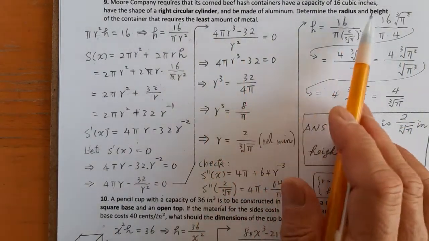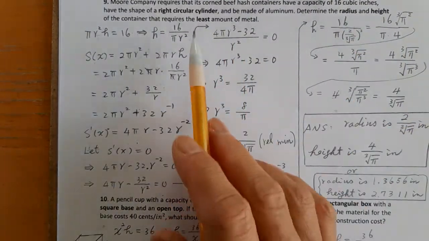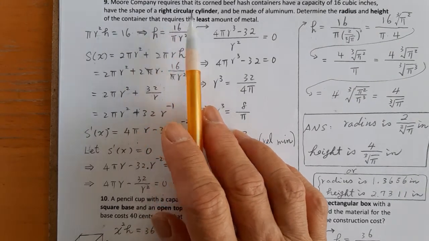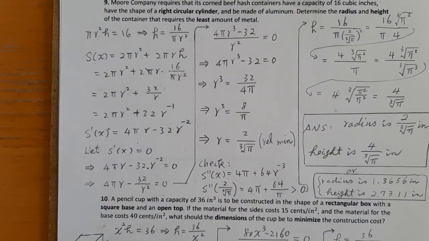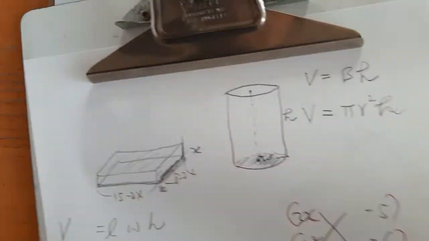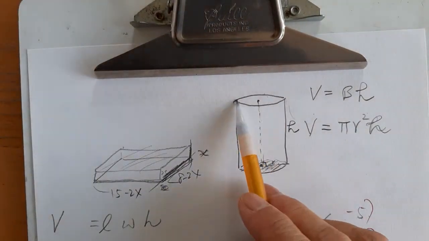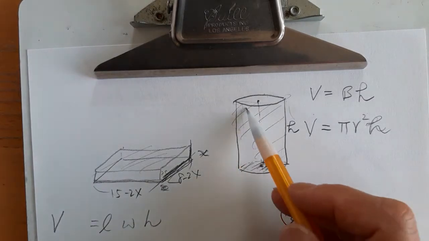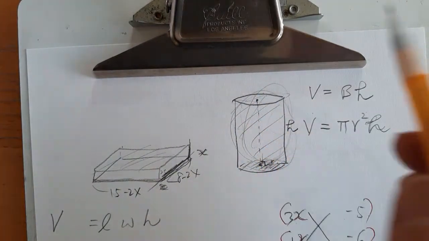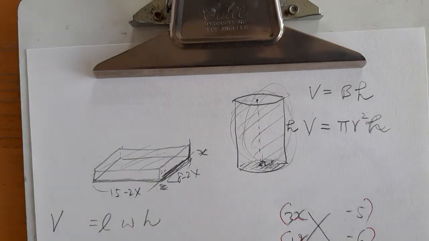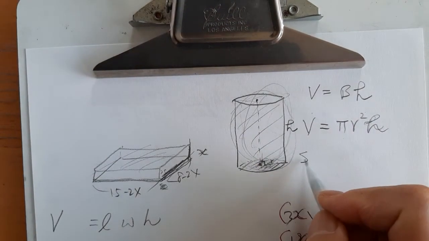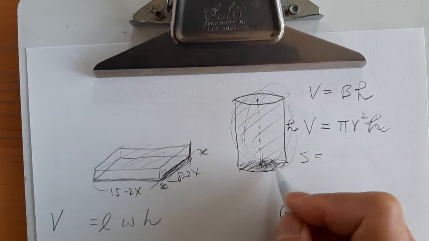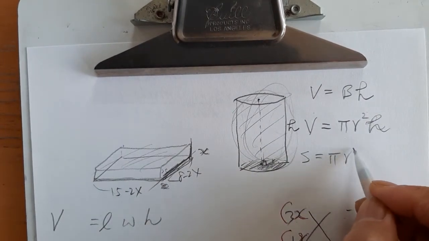The question asks you to find the radius and height that make the least amount of metal. That means we are going to make this right circular cylinder, and we need metal for the surface area. That surface area should be a minimum. What is the surface area? The bottom area is pi r squared.